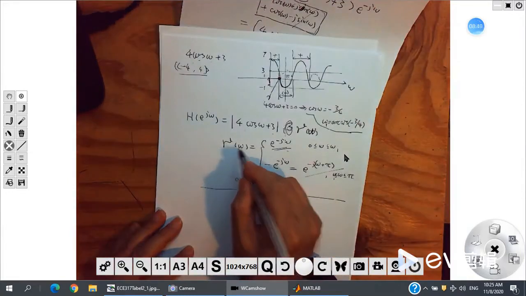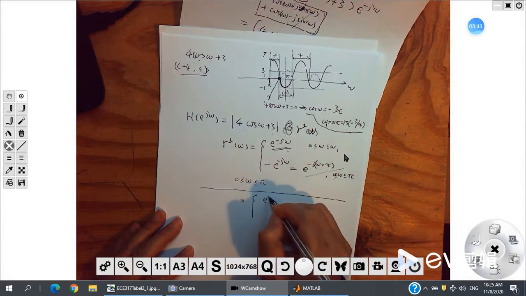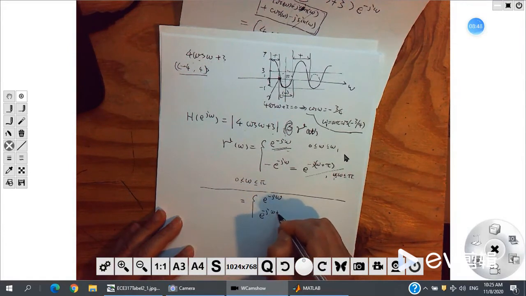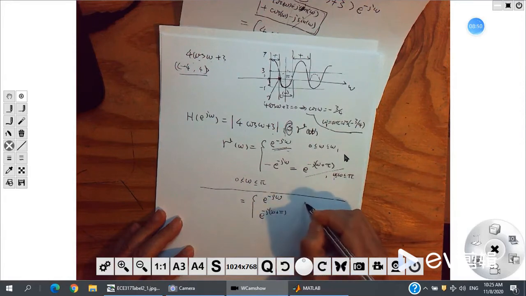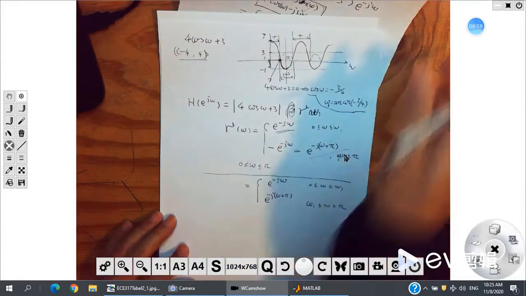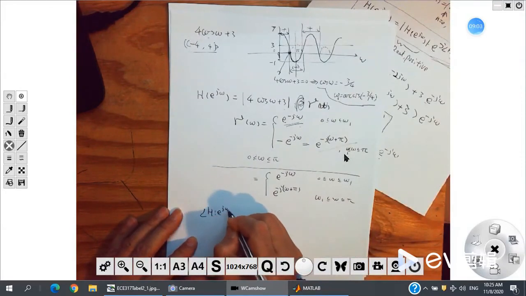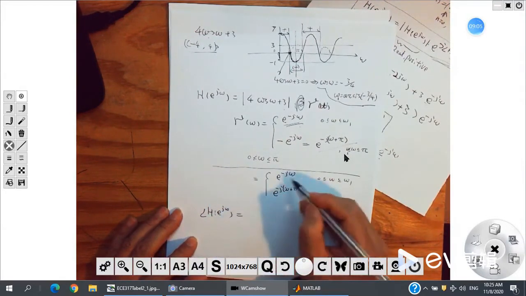This is just this one. I can write this as e to the negative j omega, or e to the negative j omega plus pi, right? So here I just copy it. This is omega 1. Then what is the phase? The phase of H will be this part.